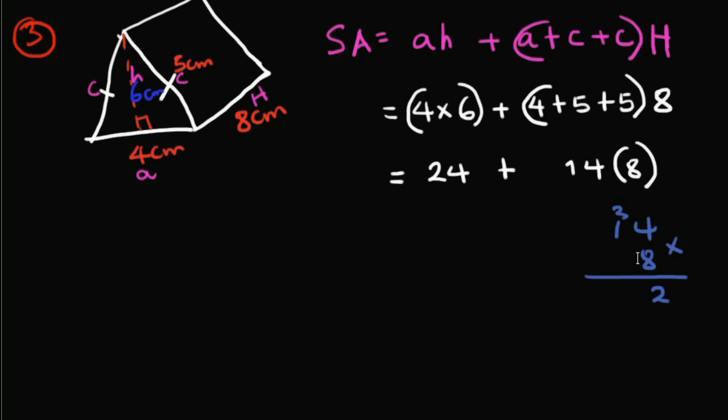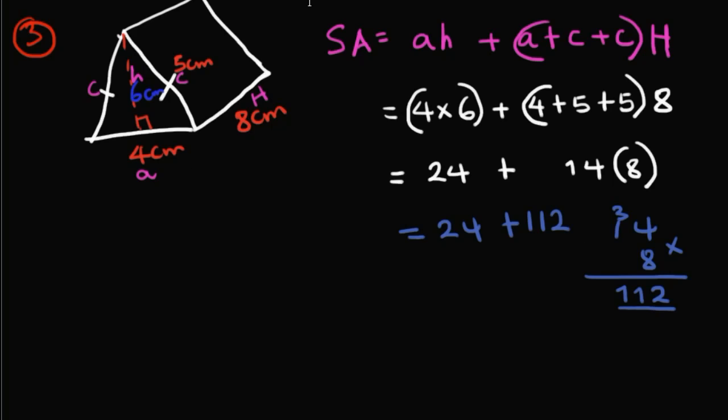We carry 3, 8 times 1 is 8 plus 3, and we come up with 11. So this is 112. So we have 24 plus 112.